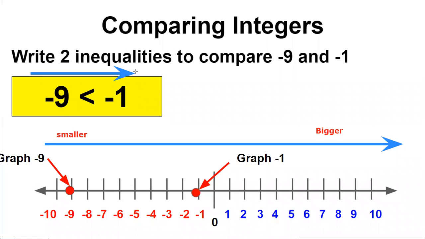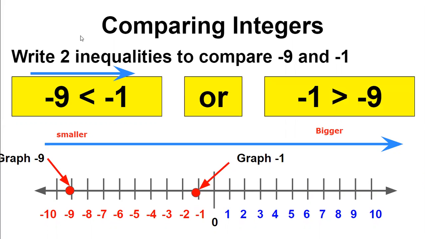Negative 9 is less than negative 1. It's a lesser temperature, right? Or what else could I say? I could say negative 1 is greater than negative 9. And to do that, again, I'm reading from left to right. Negative 1 is greater than negative 9.